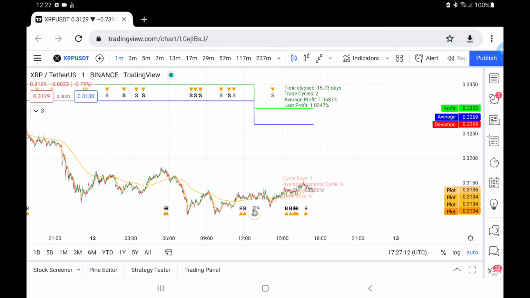And as you can see, the average is 3 positions per cycle. I think that's the highest we've seen so far for a coin, average. Only 2 trade cycles. So it's not even a fast-moving coin, really.